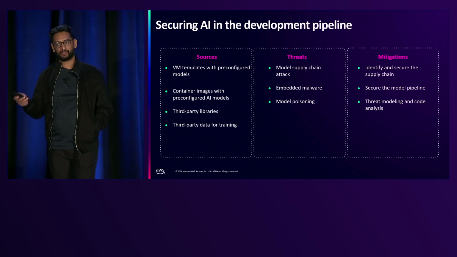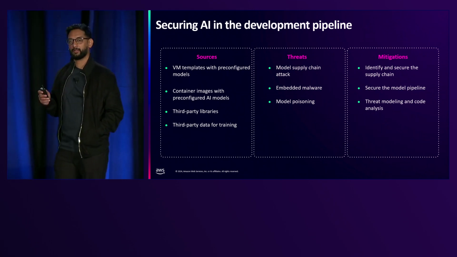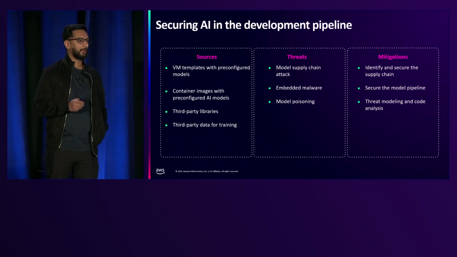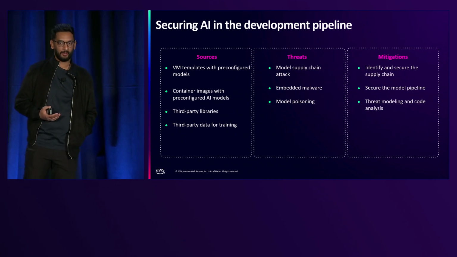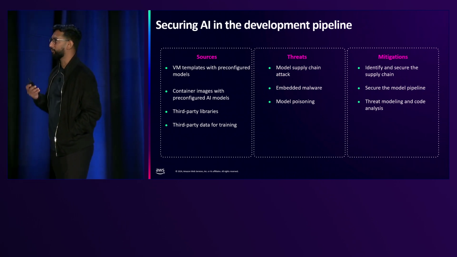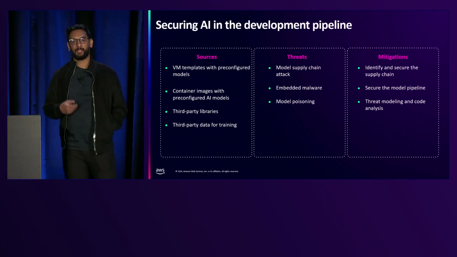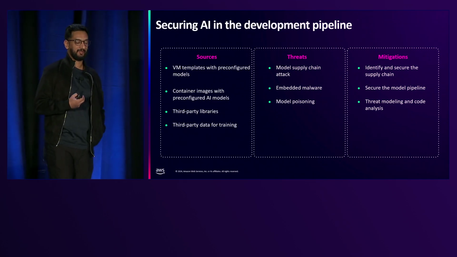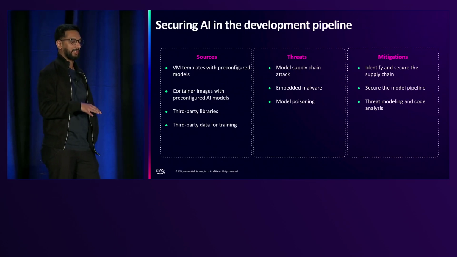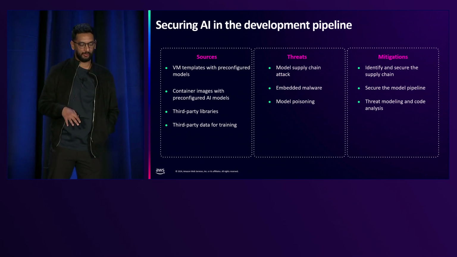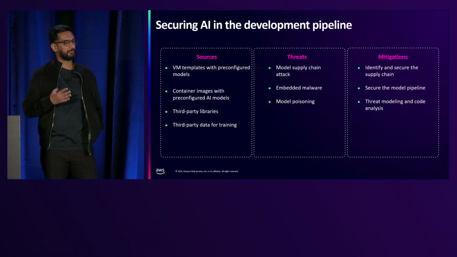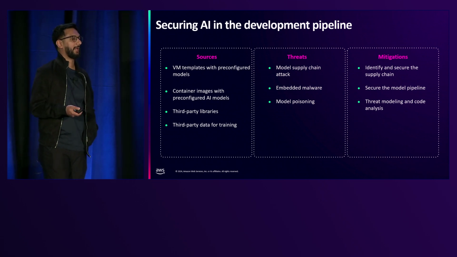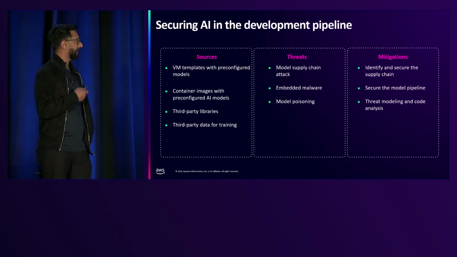Mapping back to some of the specific risks that we spoke about, this is where supply chain risks start, when you're adding these libraries, when you're pulling down models. We've also found that some of these models have embedded malware and also prompt injection code baked into them. And given some of the data sets, depending on what you use, you can poison the model as well, given the wrong data.